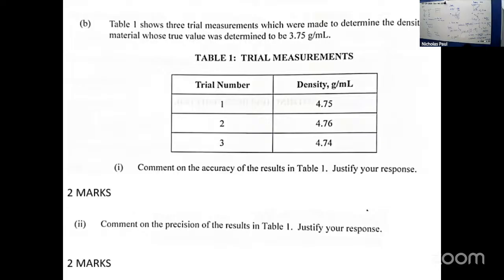Look at the values and what you think. Write it now. Think about it, right? And they give a true value, 3.75, right? Comment on the accuracy of the experiment, and then they ask to comment on precision. So do two of them one time.